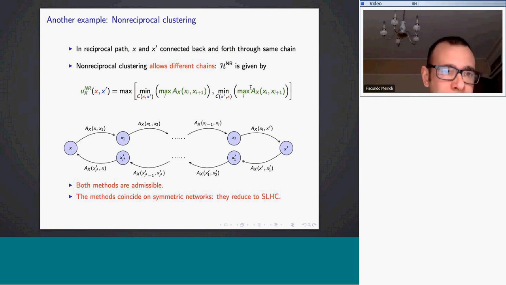That, as it turns out, induces an ultrametric over X, which we call U_X^NR for non-reciprocal. So, it is admissible.